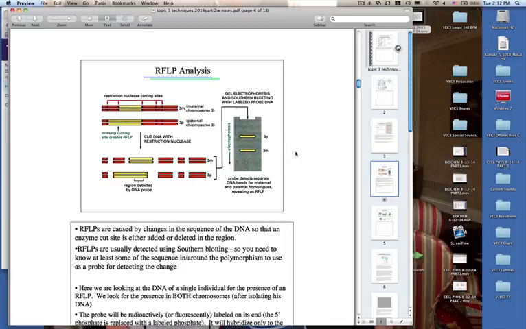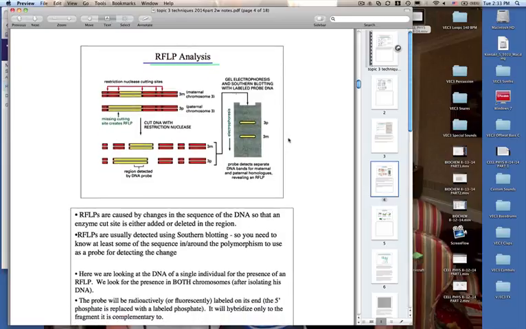But how do you detect that? Well, you obviously, or not so obviously, have to have a region of DNA, again, that we know the sequence, that we can design a little probe, that we can hybridize to these pieces of DNA, and that are going to hybridize and stick to that DNA and detect where that DNA is on the blot.